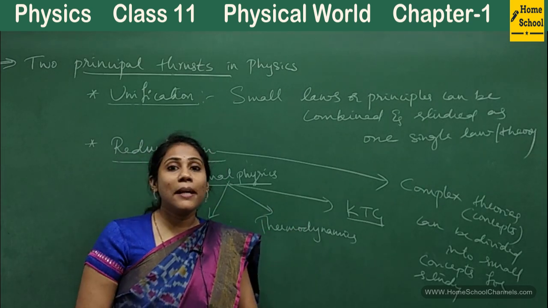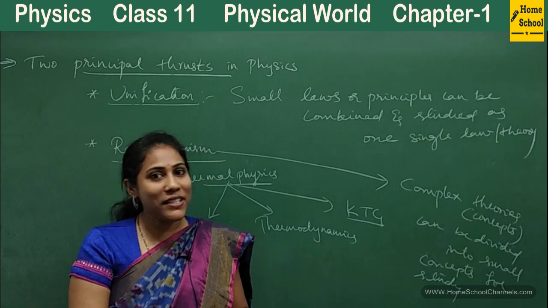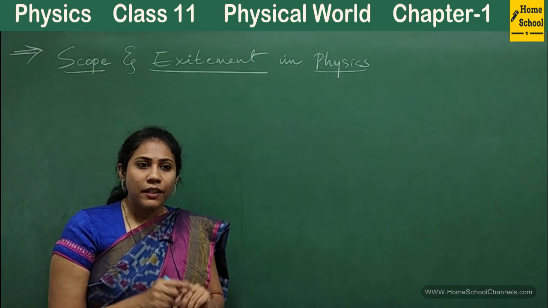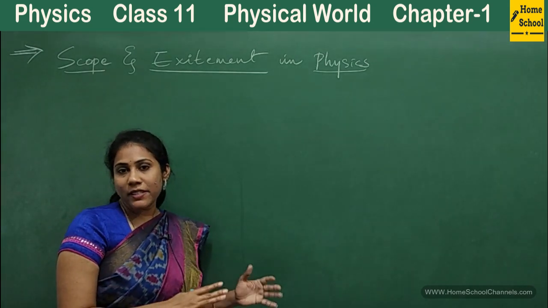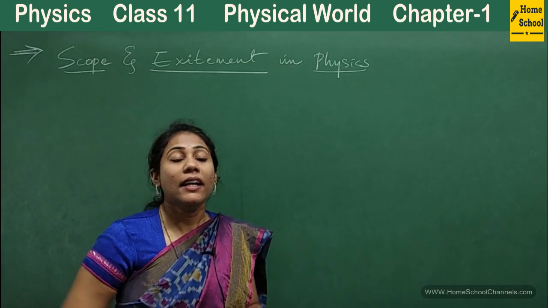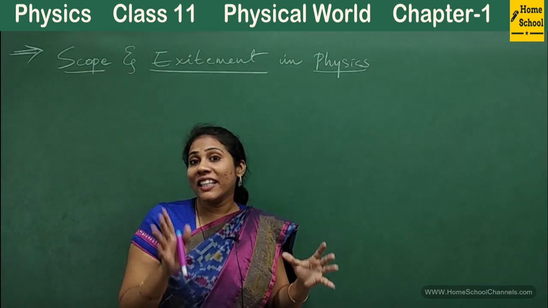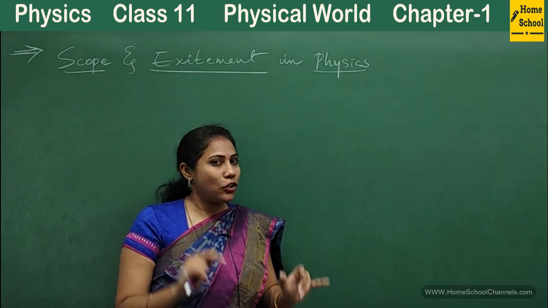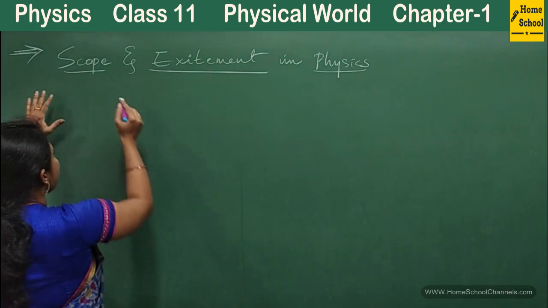Coming to the third concept, let us discuss the scope and excitement in physics. Students, we study physics in two particular domains. One is the microscopic domain, the other one is the macroscopic domain. About macroscopic objects we study in classical physics. Actually, there are two ways physics can be divided.